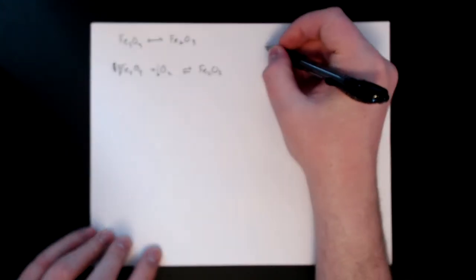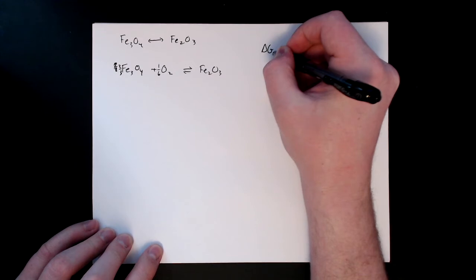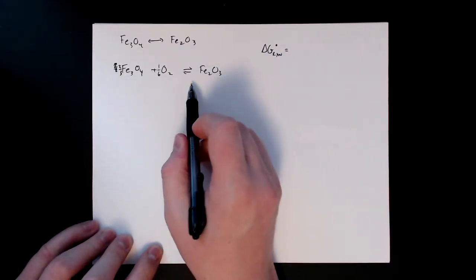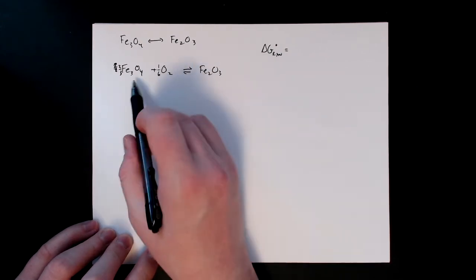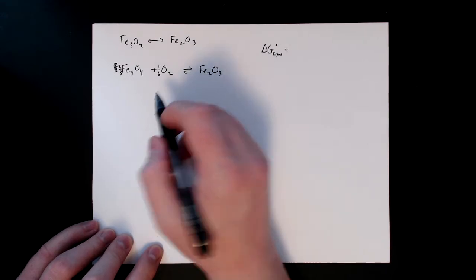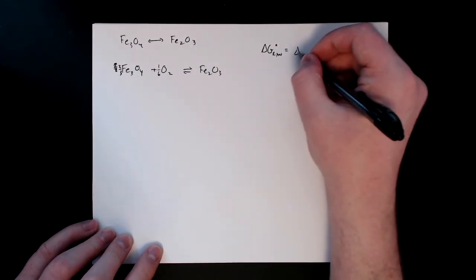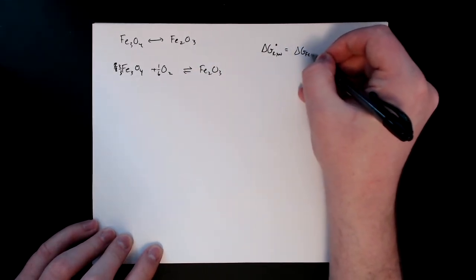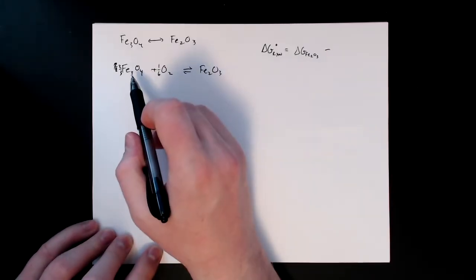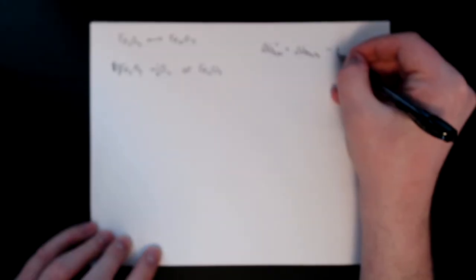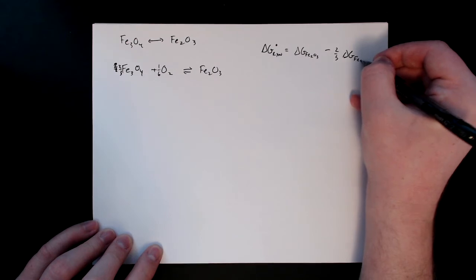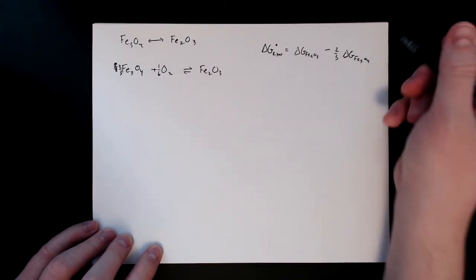And so when we do that, our reaction for this would be... again, these are not the formation reactions. This is from Fe3O4. So we need to consider the formation reactions of each of these, which is what's given to us. And so that would be delta G of Fe2O3 minus 2/3 of Fe3O4.